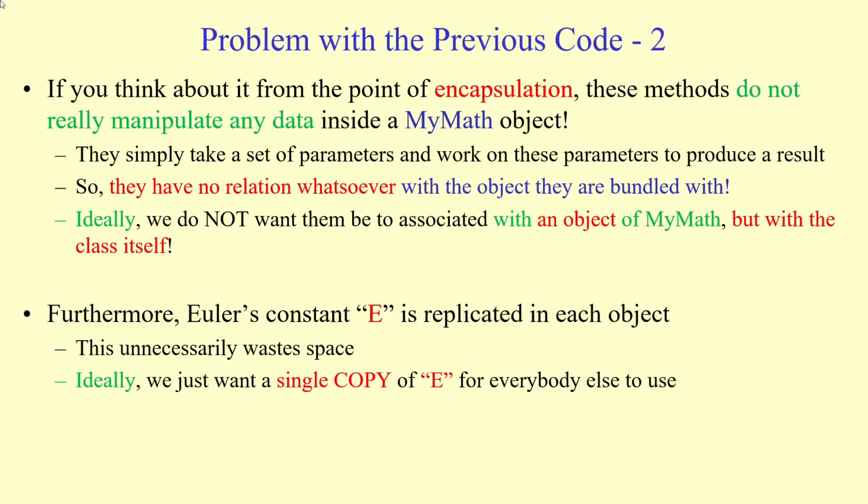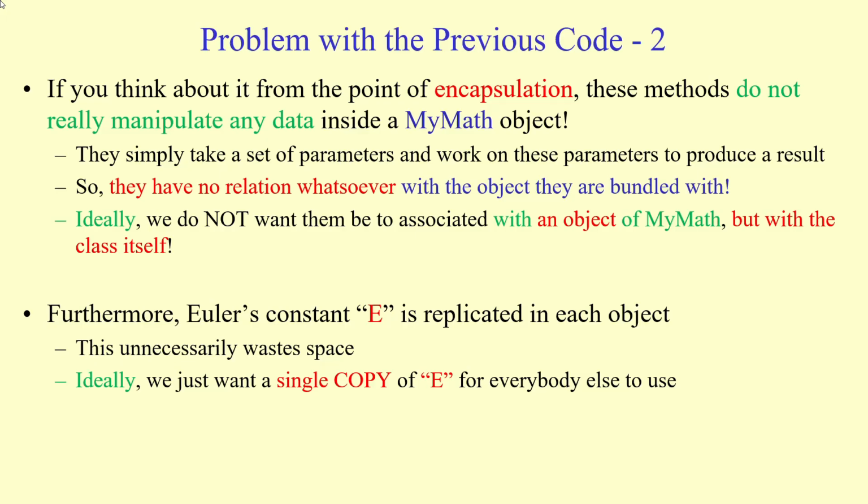If you look at this version of myMath from the point of encapsulation, you realize that all the math methods in myMath do not really manipulate any data inside a myMath object. They simply take a set of parameters and work on these parameters to produce a result. So they have no relation whatsoever with the object they are bundled with.